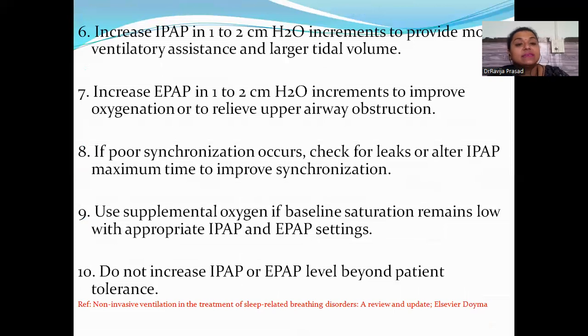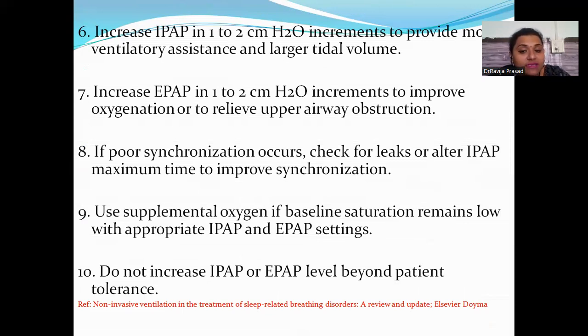Sixth, increase IPAP in 1 to 2 centimeter H2O increments to provide more ventilator assistance and larger tidal volume. Seventh, increase EPAP in 1 to 2 centimeter H2O increments to improve oxygenation or to relieve upper airway obstruction.